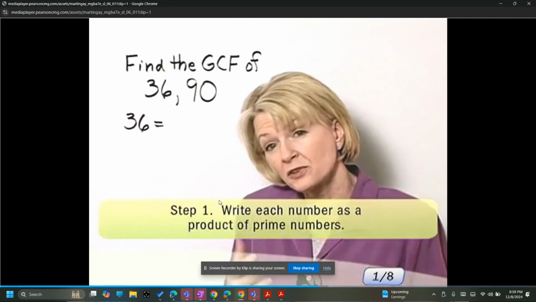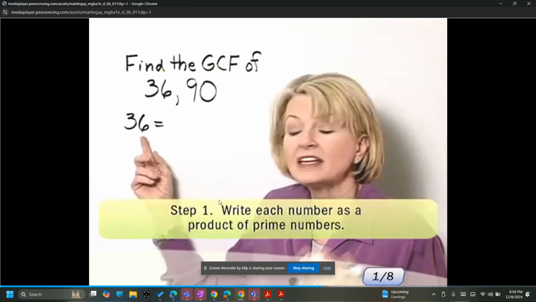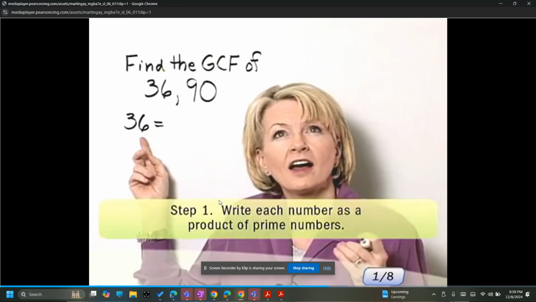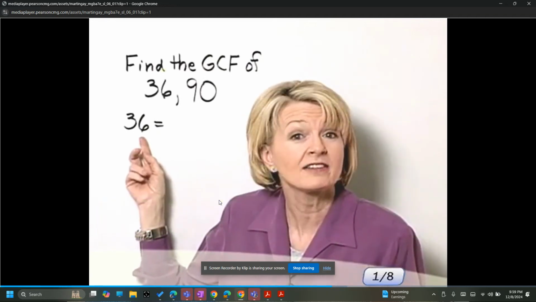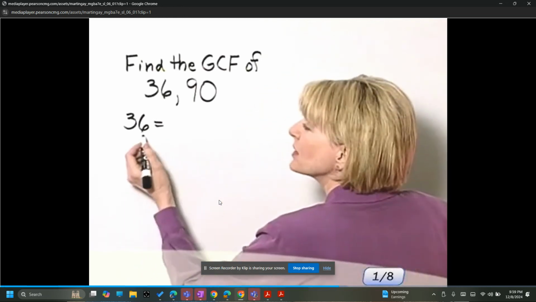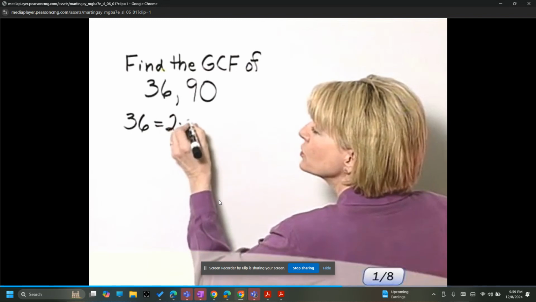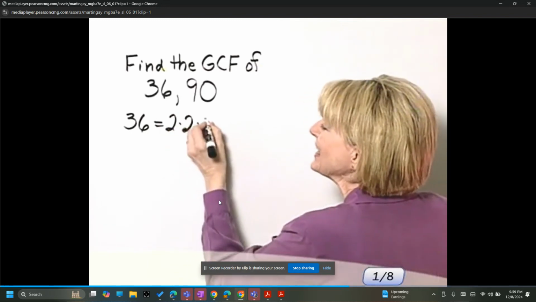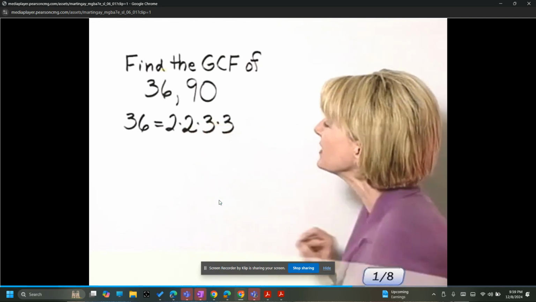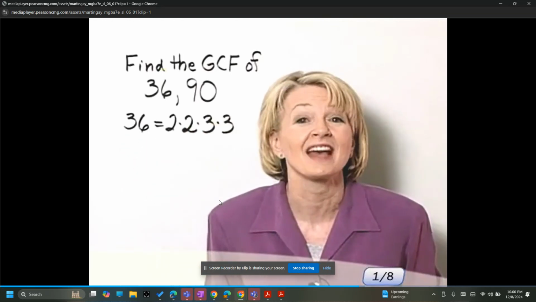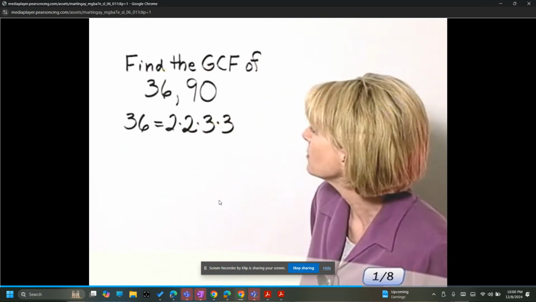You can use a factor tree if you want. You can think of any two numbers whose product is 36. I know 4 times 9 is 36. 4 is not prime, 9 is not prime, but 4 can be written as 2 times 2, and 2 is a prime number. 9 can be written as 3 times 3. So these are prime numbers, and I've written 36 as a product of prime numbers.